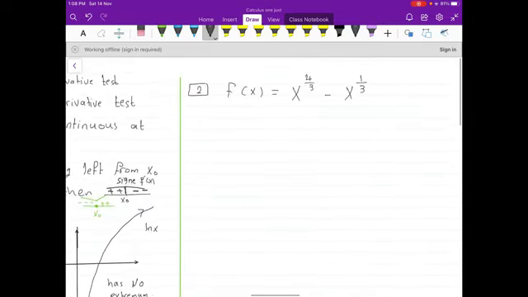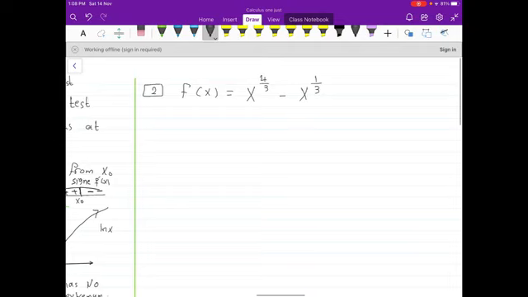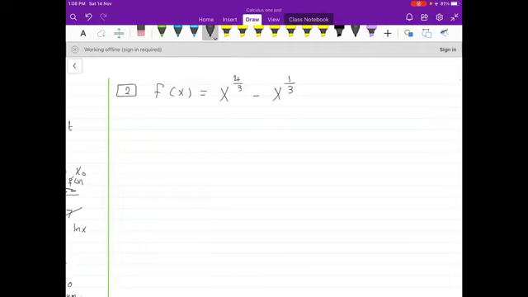Another example. f(x) equal x to the power 4 over 3 minus x to the power 1 over 3. Before you solve the question, what is the domain for f(x)? Domain f(x) R intersection R, you get real numbers. To answer the question, you must find f prime x.